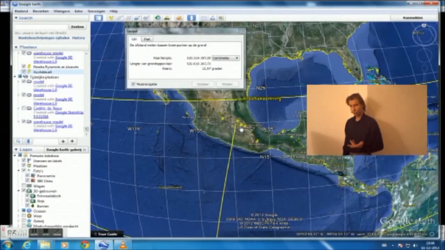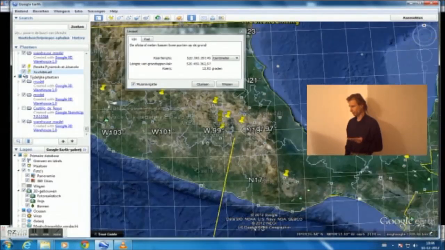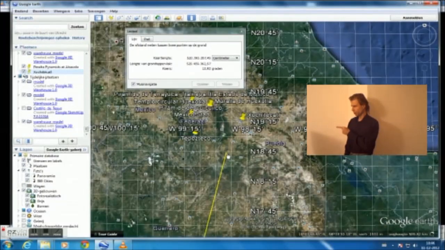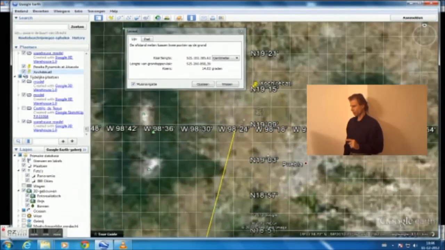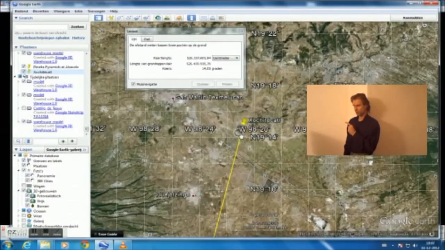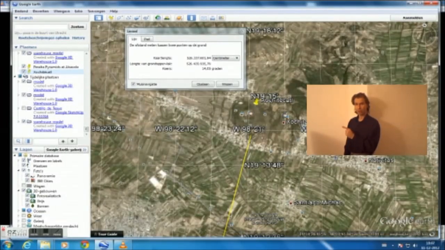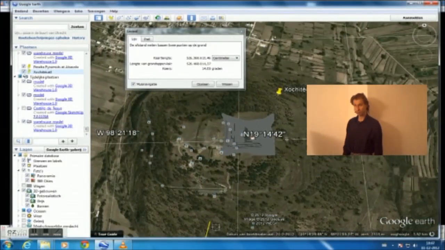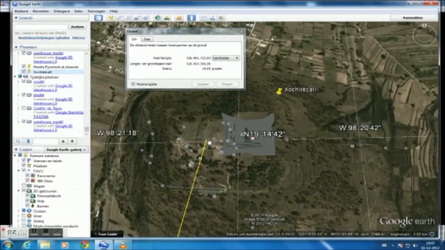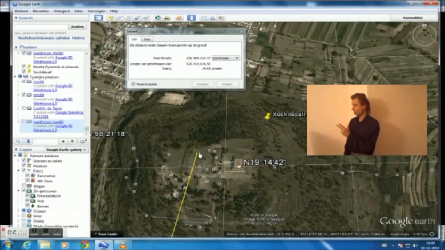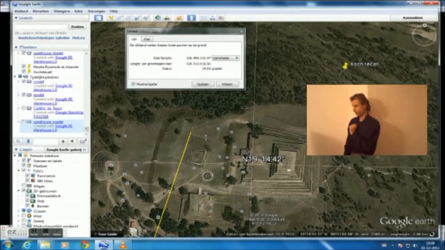Here we are going to Xochitecatl, and as you can see, there are 2 places with a 3D model. Next to one of the 3D models, there is a place that has a few walls that are connected with Easter Island. I took the 3D model away to make things a little bit clearer.